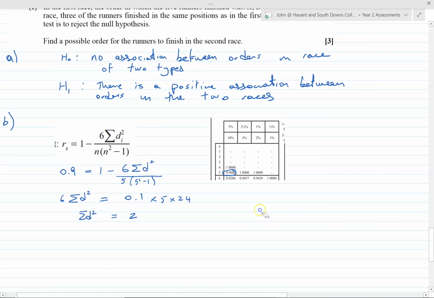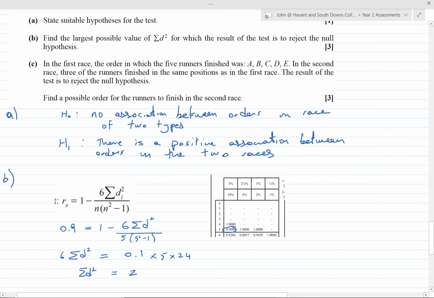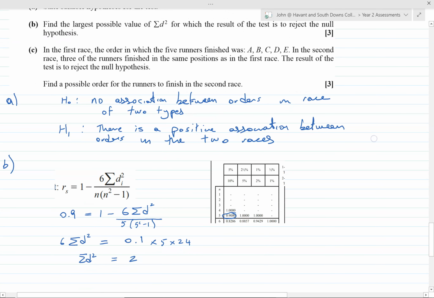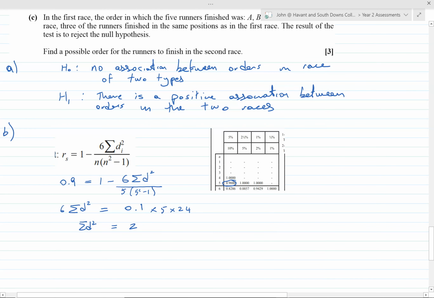That would give a higher value for d squared. So the only way it can show positive association under the 1% one-tail criteria is if sigma d squared is 2, which effectively means that just two adjacent rankings are swapped over. Remember, sigma d squared can't be equal to 1, because if one swaps over, the other one will swap over.